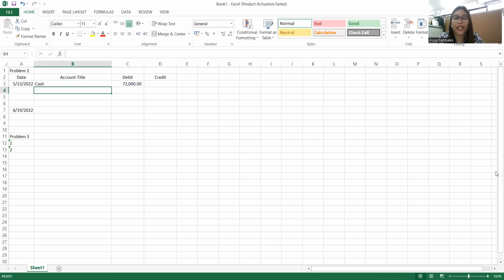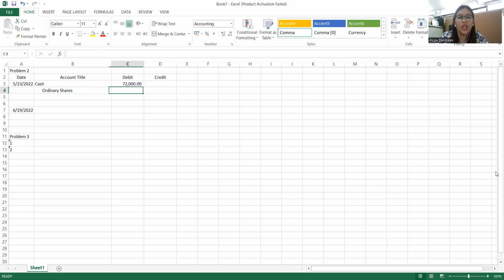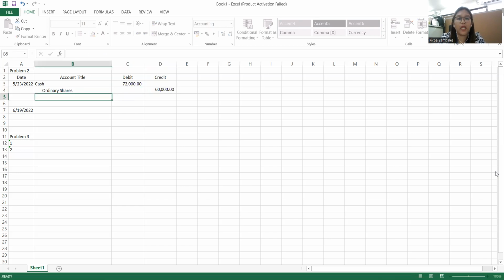So we receive cash of 72,000. Then of course we have to credit ordinary shares. Ordinary shares will be equivalent to 4,000 times 15 pesos, and that's 60,000. And again, any excess of that will be recorded as share premium.